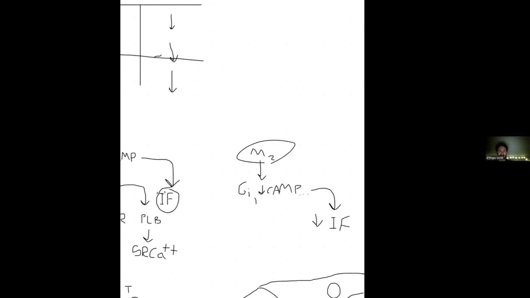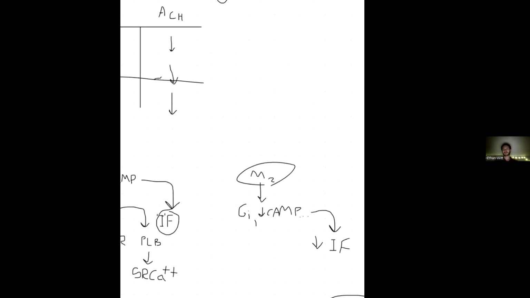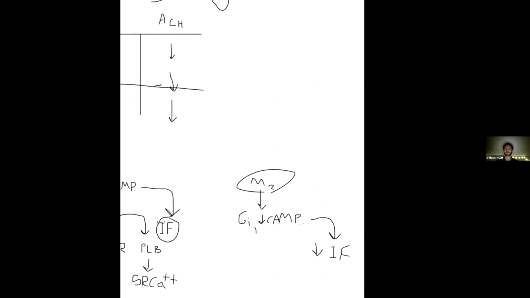M2 receptors stimulate the Gi protein, which results in a decrease of cyclic AMP being created, and ultimately less activation of the funny channel, meaning that there aren't as many positive ions coming into the cell, and our action potential finds it harder to become repolarized or depolarized back to resting membrane potential.